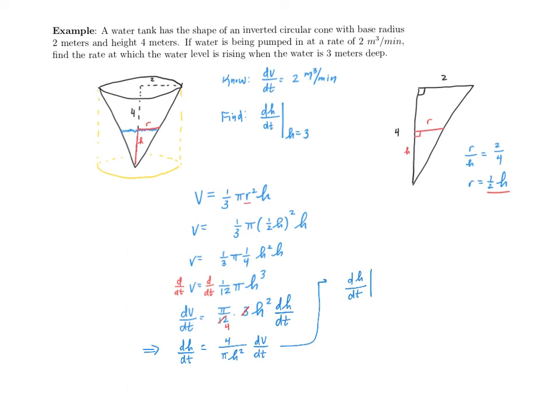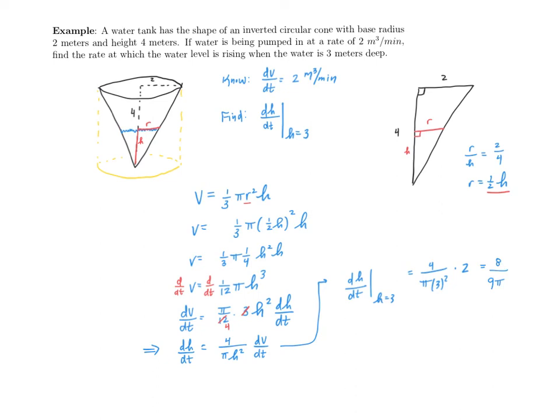dh/dt, when h is equal to 3, would be 4 over pi times 9, multiplied by dV/dt, which is 2. And simplifying this just a smidge, we can write this as 8 over 9 pi, and we should always include those units.